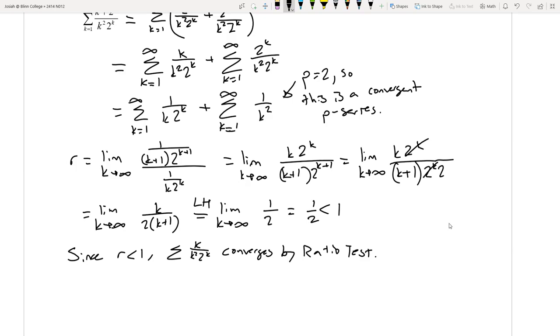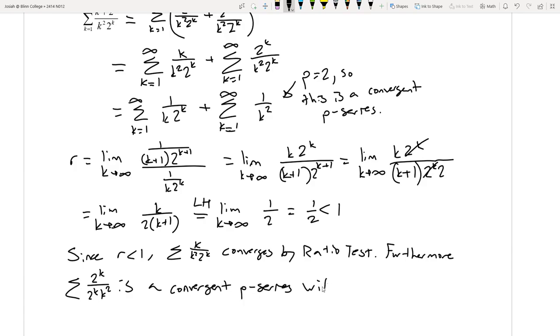We can say furthermore, we've got our other series here, 2 to the k over 2 to the k times k squared, is a convergent p-series. That was a terrible way to write convergent. Convergent p-series with p equal to 2.